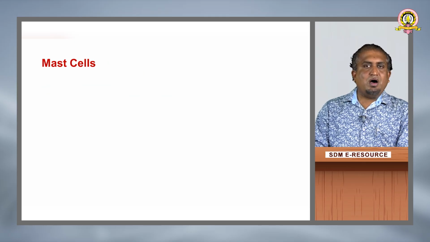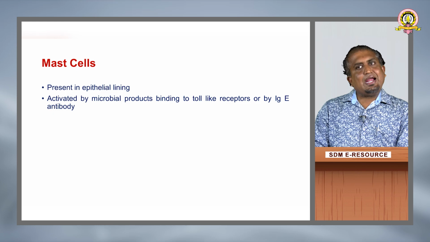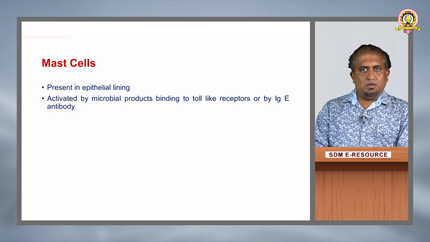Then coming to the mast cells, these are present in the epithelial lining and they are activated by microbial products which bind to the toll like receptors, or by IgE antibody mediated activation.